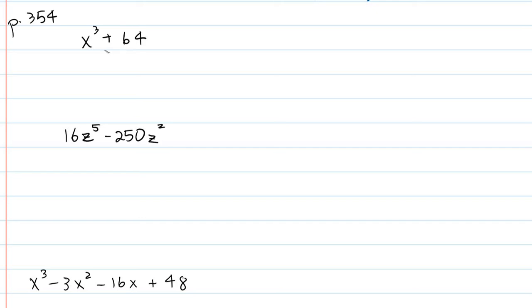And they are both perfect cubes. This is x cubed, and this is 4 cubed. So I just have to remember the pattern, which is a plus b, a squared minus ab plus b squared.